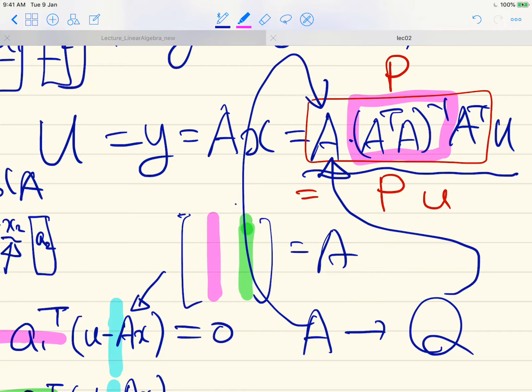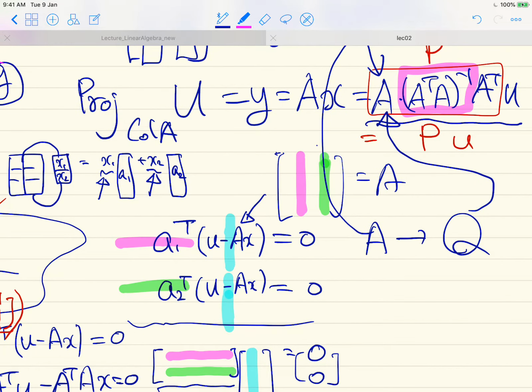So our projection formula, when using this orthogonal matrix, can be represented as Q times Q transpose u, right? So this is a simplified formula.